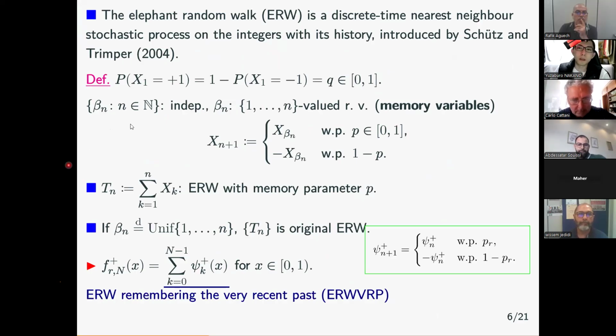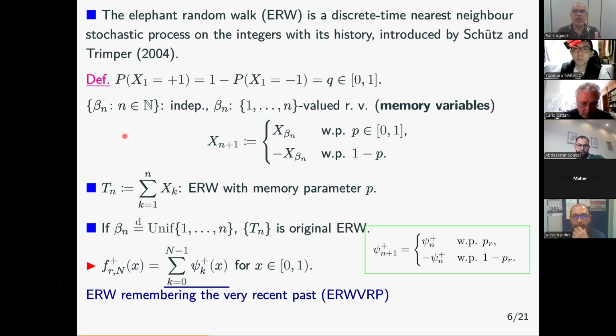Beta n is referred to as... sorry, Yuzaburo. For the original elephant random walk, the elephant remembers all the past and chooses one step in the past. But in this case, in the work of Yuzaburo, he chooses only the recent step.